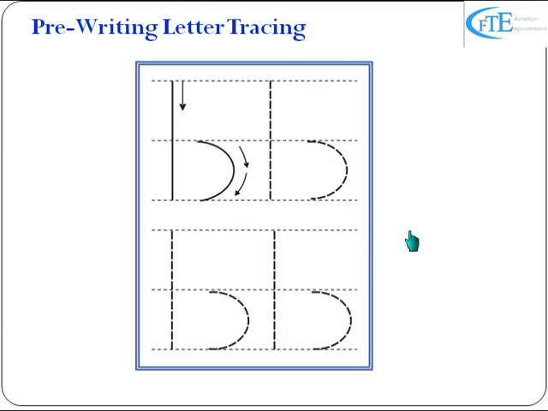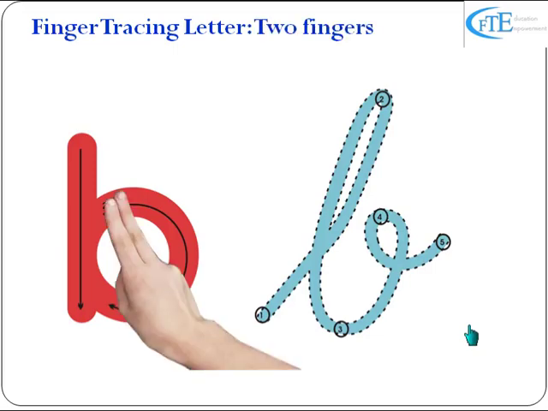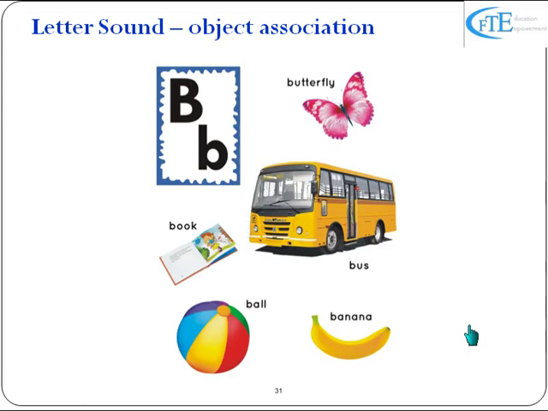Get your child to practice the strokes, finger tracing using the 2-finger technique, then objects associated with that sound: B, butterfly, B, bus, B, banana, B, ball, B, book.